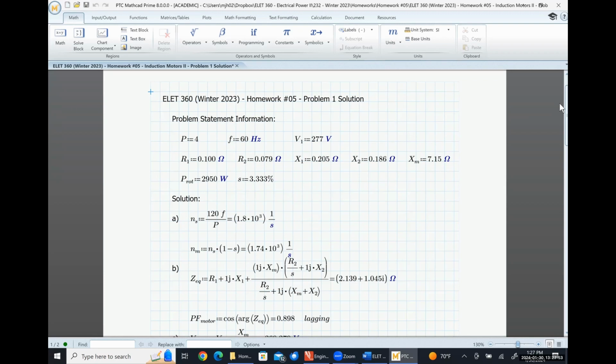And here, without using the approximation, we got 2.139. That's a pretty appreciable difference, off by a factor of about 20%. But what's really surprising me is that my imaginary part has gone from 0.4 effectively to 1.045. So the approximation was wildly skewing things here.